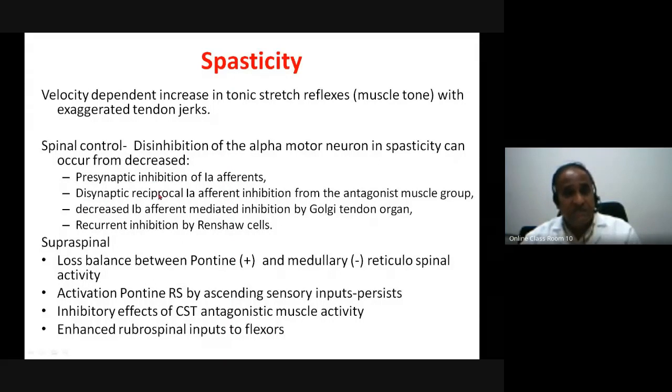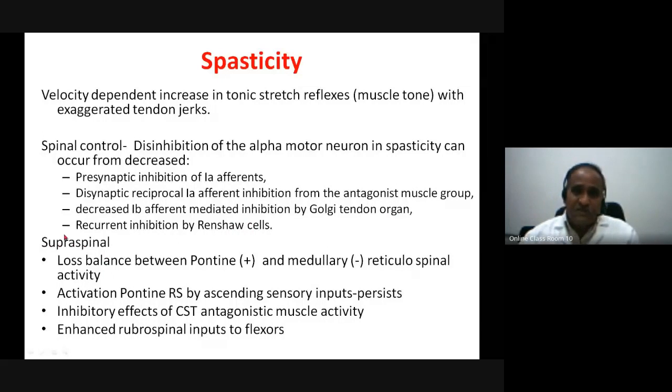Decreased disynaptic reciprocal 1A afferent inhibition enhances the activity of the other group of muscles, because that is not inhibiting, and that will increase. Decreased 1B afferent, that is the Golgi tendon reflex, is what produces the clasp-knife rigidity, and decreased Renshaw motor neuron activity, that is the recurrent inhibition.